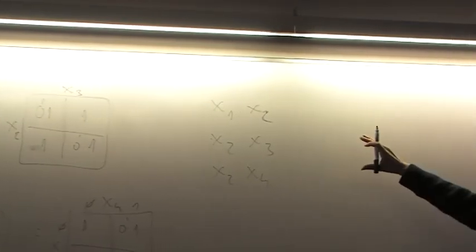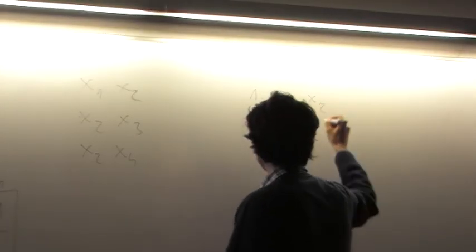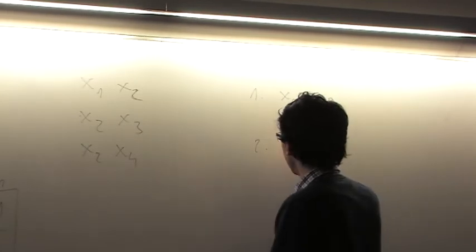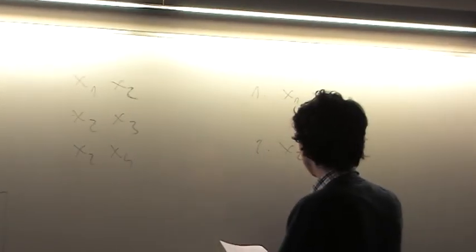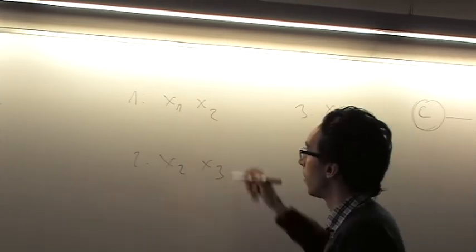These are going to be the nodes in my clique tree. So I'm going to have one node with the variables x1 and x2, a node with the variables x2, x3, and then another node with the variables x2 and x4.